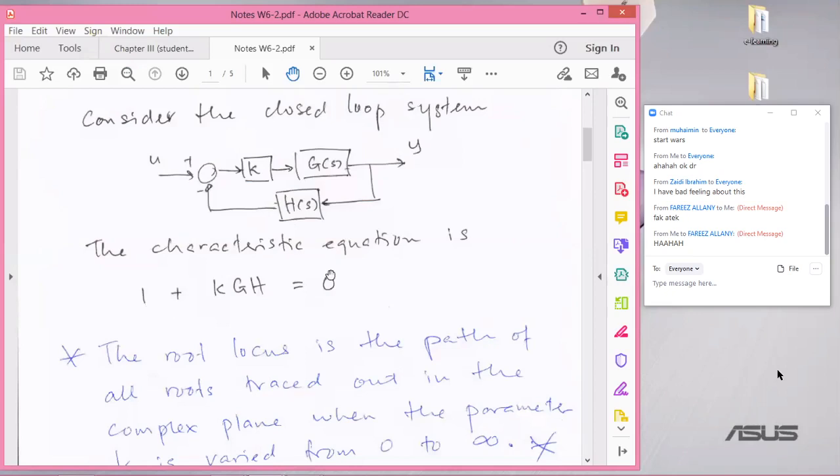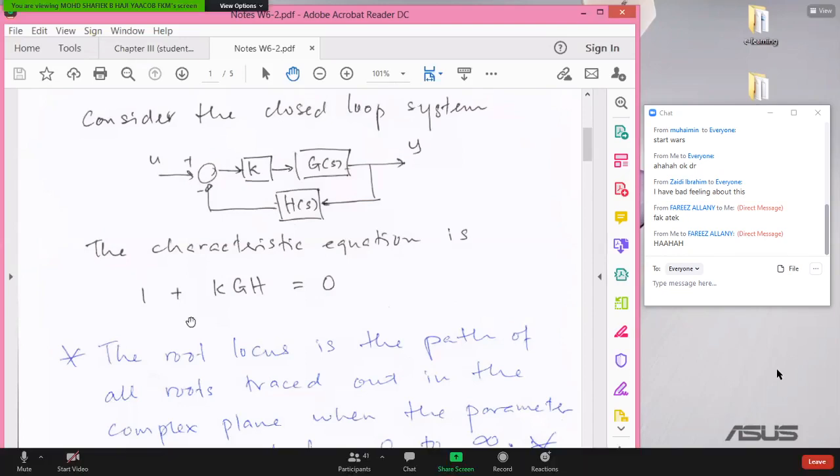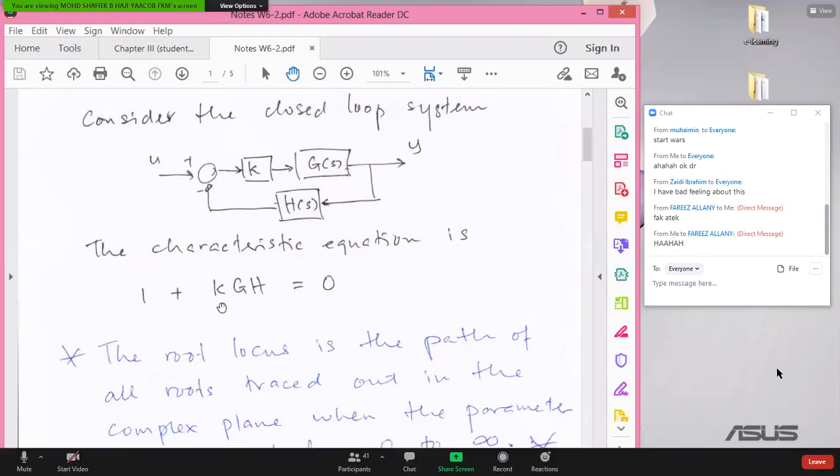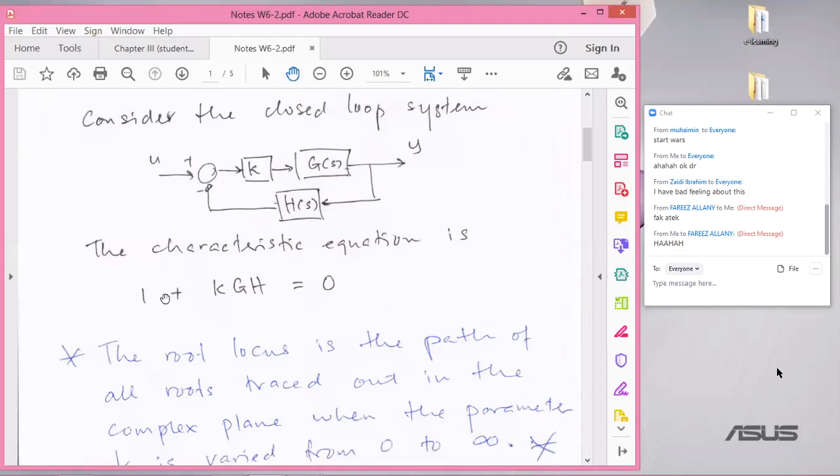It is called the characteristic equation for a reason. This equation will determine how the system is going to behave. And KGH on its own is known as the open loop transfer function. 1 plus KGH is the denominator of the overall transfer function.